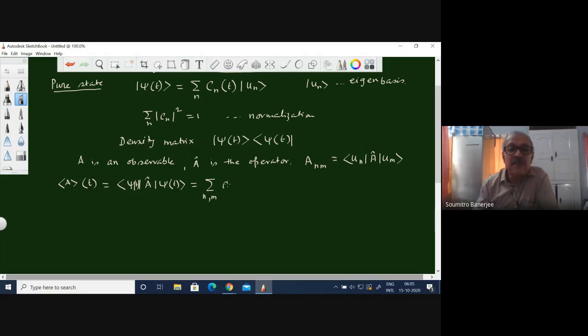C_n star will come out of this, and C_m will come out of this.